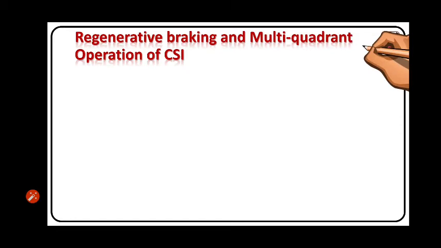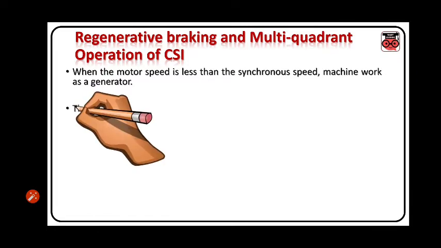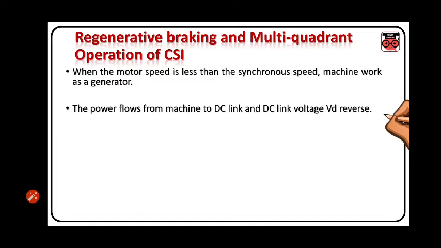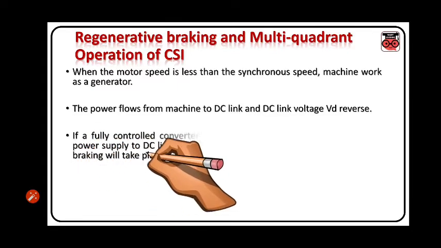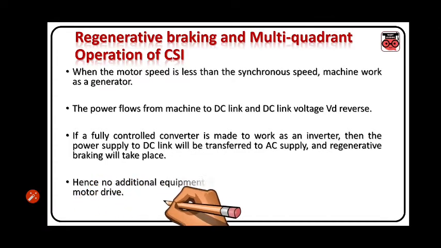Now, the regenerative braking and multi-quadrant operation of CSI. When the motor speed is less than the synchronous speed, the machine works as a generator. The power flows from the machine to the DC link, and the DC link voltage VD reverses. If a fully controlled converter is made to work as an inverter, then the power supplied to the DC link will be transferred to the AC supply and regenerative braking will take place.